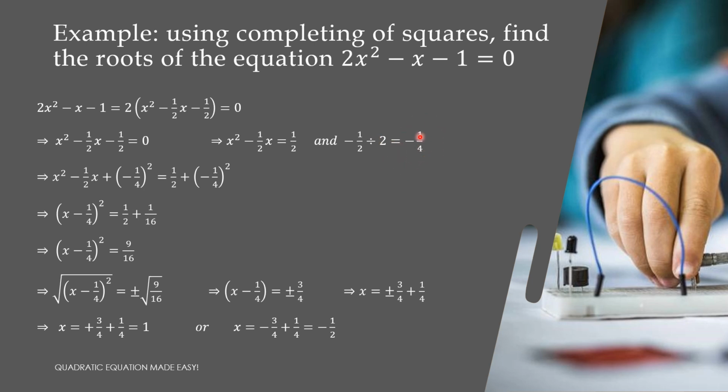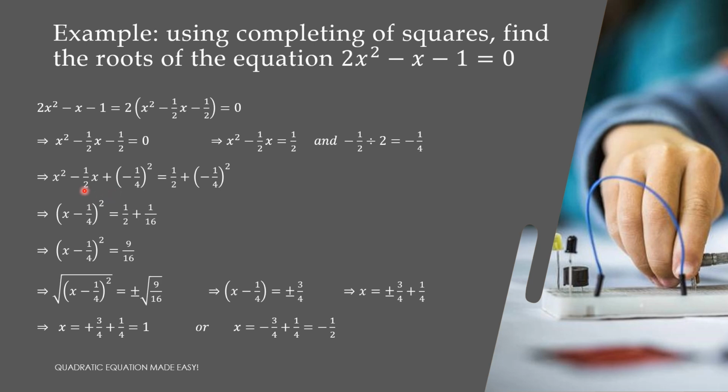I will square this result, add it to the left side of the equation, and also do the same to the right side to be able to balance the equation. If you only add it to the left side, the equation will become imbalanced. So to maintain the nature of the equation, whatever you do to the left, do the same to the right.